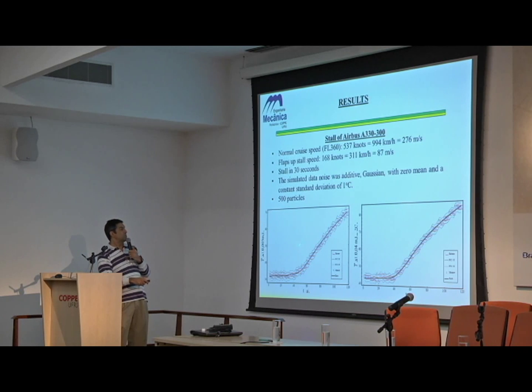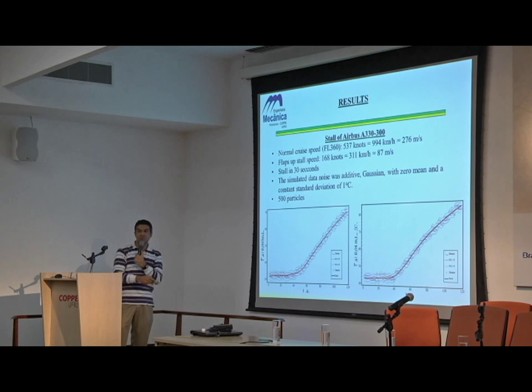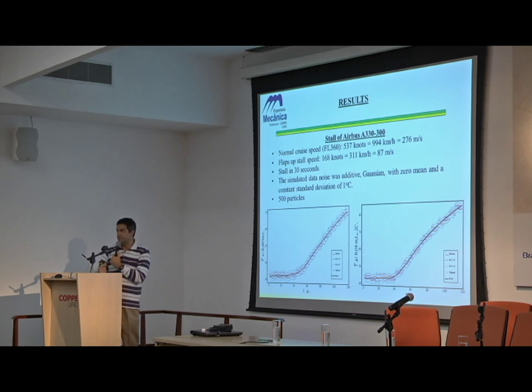So these are the measurements, the exact temperatures, and also the estimates at 2 different measurement positions. This one is very close to the tip of the probe, and this one is in the cylindrical region. We can see that we can estimate the state variables for which we have measurements very well.